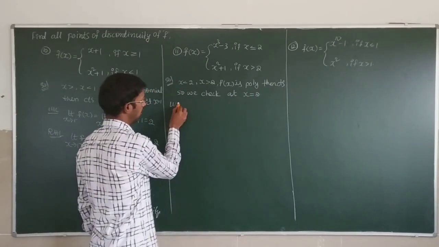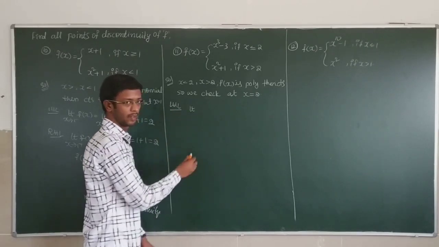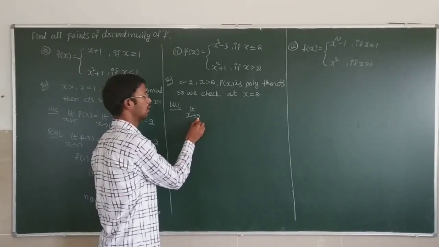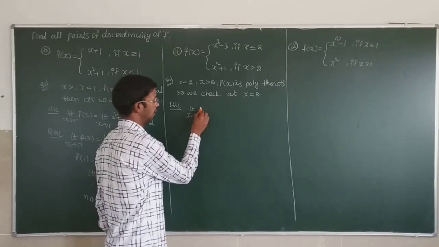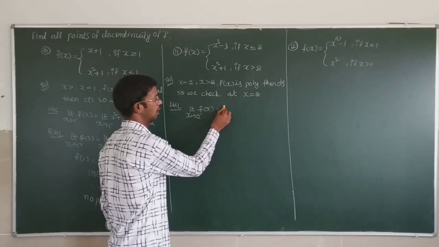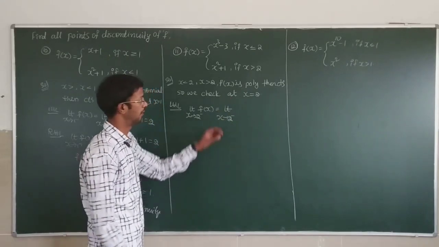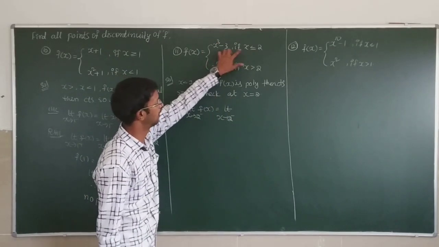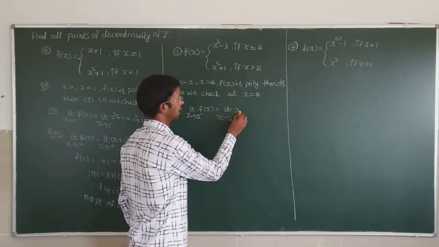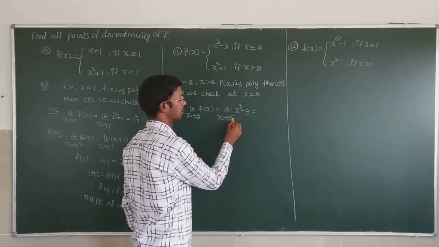LHL you find first. Limit x tends to 2 minus f of x, less than 2 means x cube minus 3.